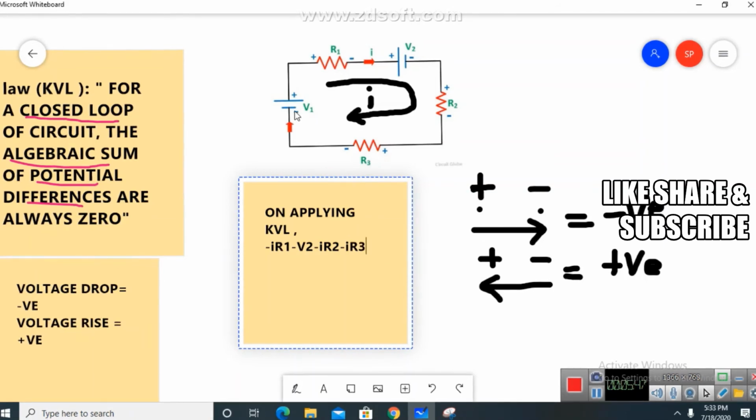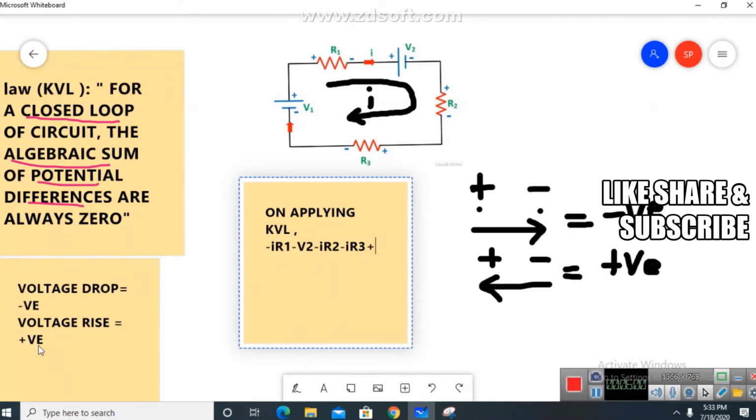If you see the voltage of B1, it's from minus to plus side. Minus to plus means we have a voltage rise. That's why we will have plus V1 equals 0, which is our Kirchhoff's voltage law.